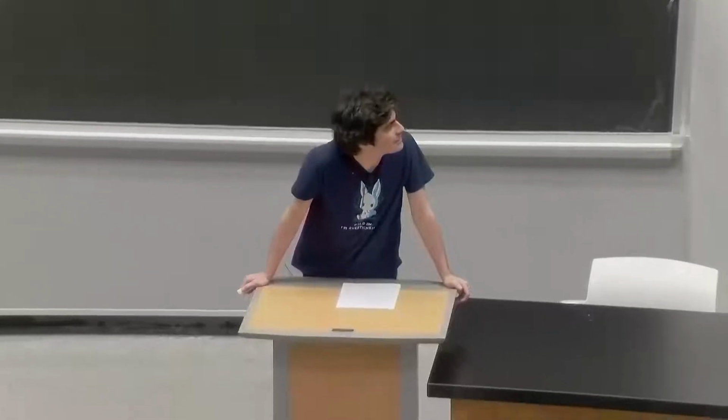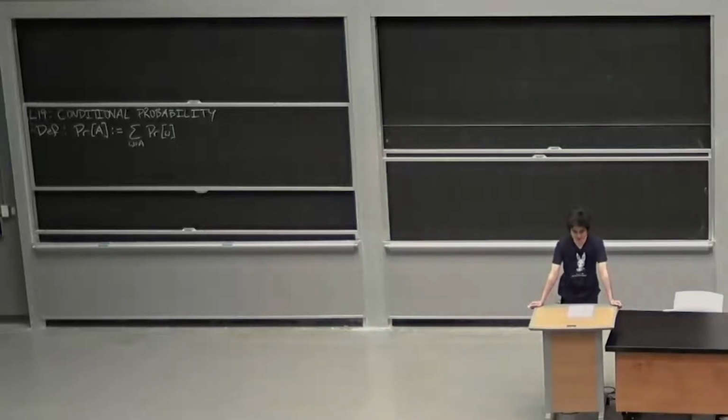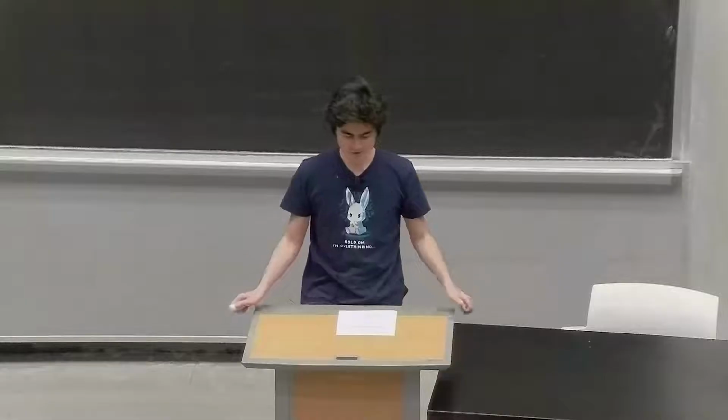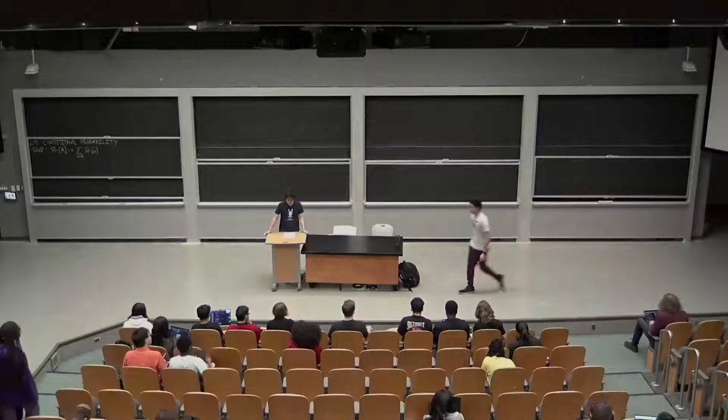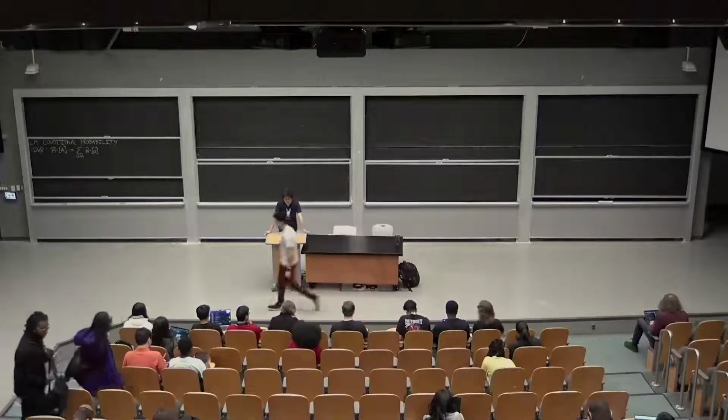So today we're going to be continuing our discussion of probability. In the last lecture, we saw how to compute probabilities using the tree method. And in this lecture, we are going to see how some of the tools that we learned in the last unit for counting, for reasoning about the sizes of sets and things like that, can also carry over naturally into the realm of probability. Okay?